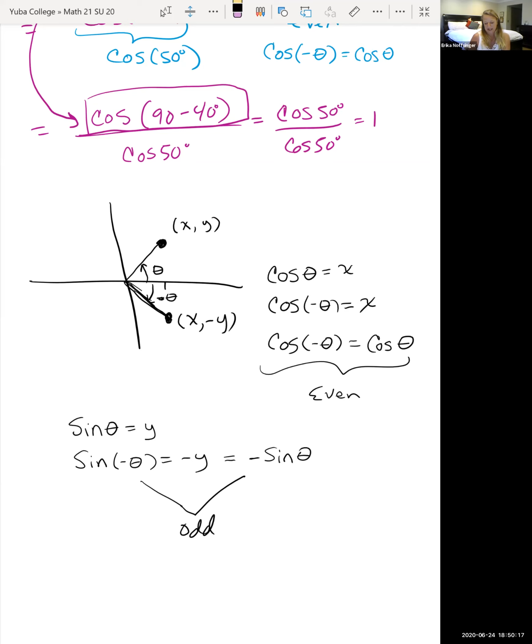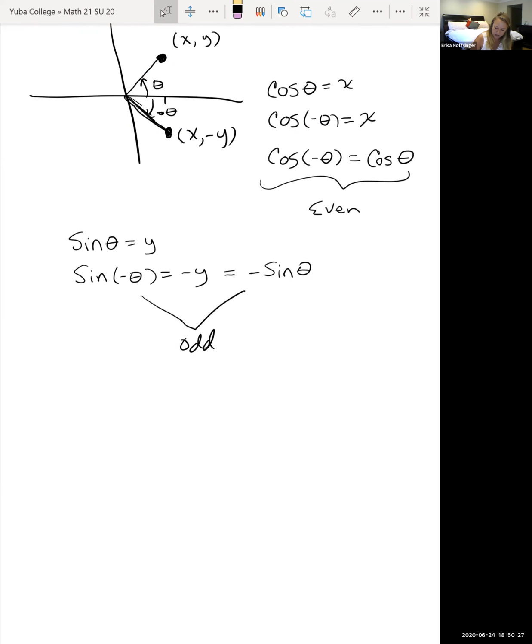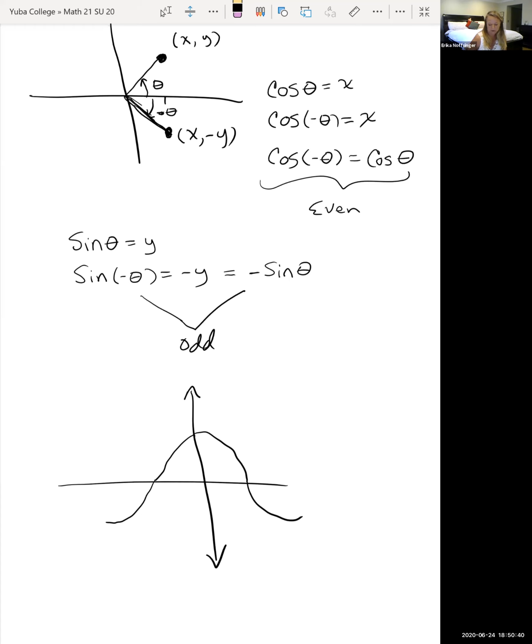The other way to think about it is looking at it graphically, not on the unit circle. Even functions are symmetrical across the y-axis. It's a little confusing when you're thinking of the unit circle. If you looked at your cosine function, remember it started up here, and if we folded our paper across this y-axis, it's symmetrical.